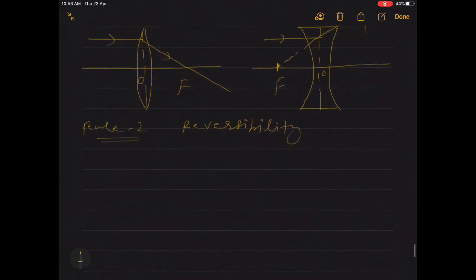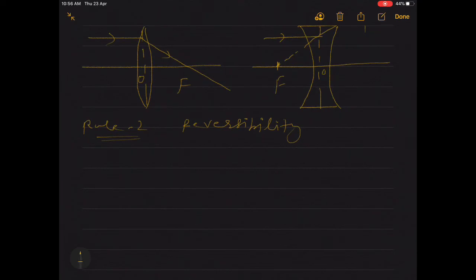Let us see how we will draw this in a diagram. First I am taking a convex lens. This is principal axis. This is focus. Let the rays pass through the focus. Then it will become parallel to the principal axis.